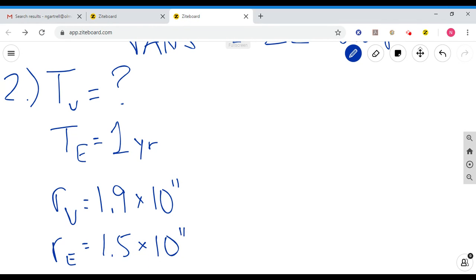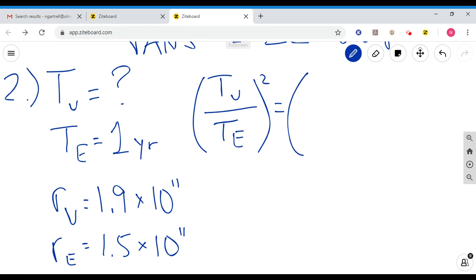Okay. So if you need to do this problem, if you feel confident after the other one, go ahead and pause the video and then try to attempt the problem, unpause it, and then listen to the solution. Okay? Without numbers, here we go, T sub u over T sub e, quantity squared, equals, what I'm looking for goes up top, so it's my R sub u.